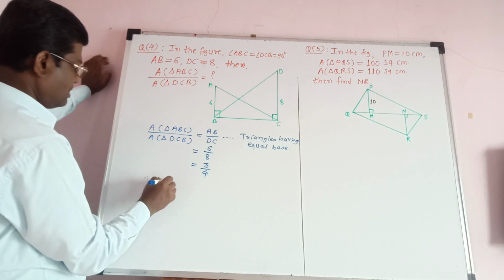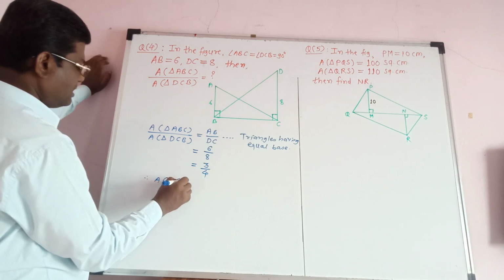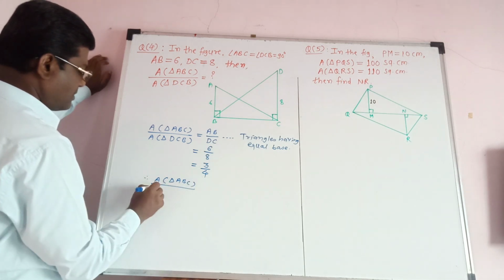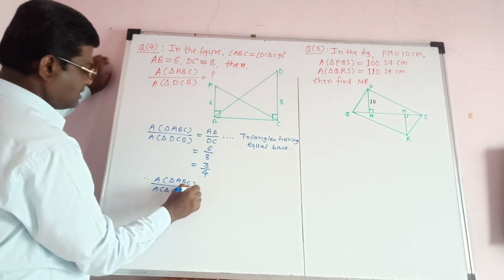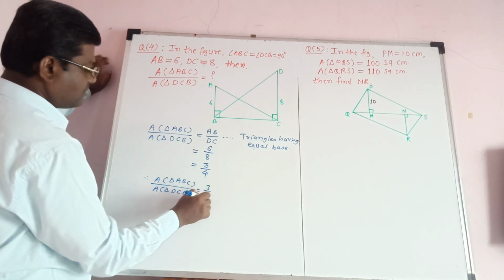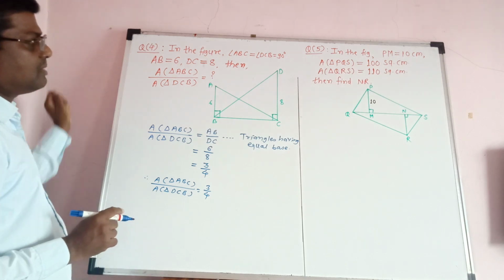Therefore, area of triangle ABC upon area of triangle DCB is equal to 3 upon 4. This ratio is 3 upon 4.